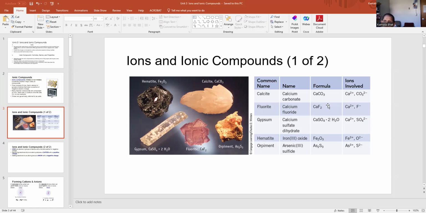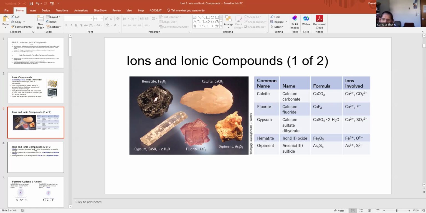Hematite, iron oxide, Fe2O3, Fe3+ and O2-. Orpiment, arsenic sulfide, As2S3, As is 3+, S is 2-.